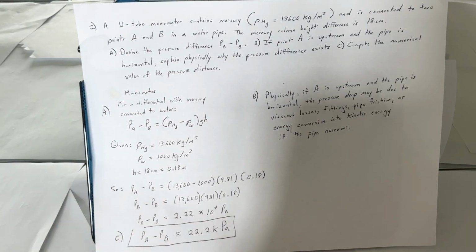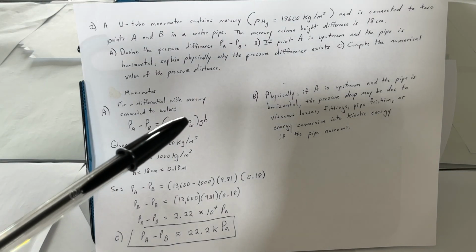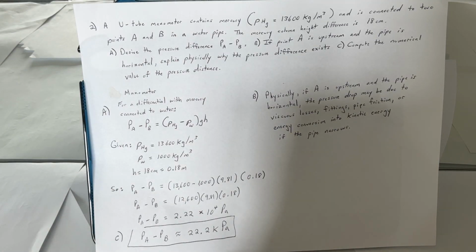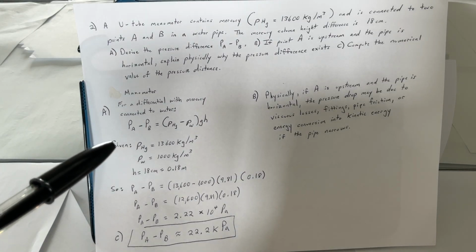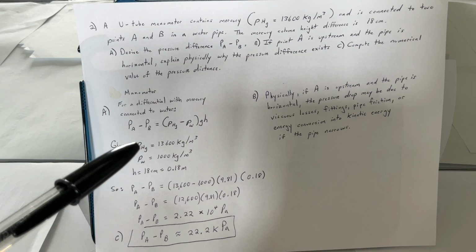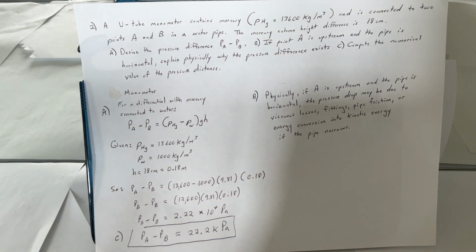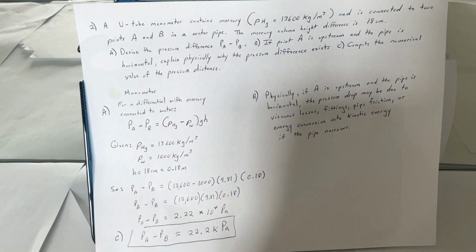rho of the mercury minus rho of the water times g h. Okay, so this is the differential here, and this is the change in the pressure. Given here the density of the mercury, 13,600, density of water is 1,000 kilograms per cubic meter.